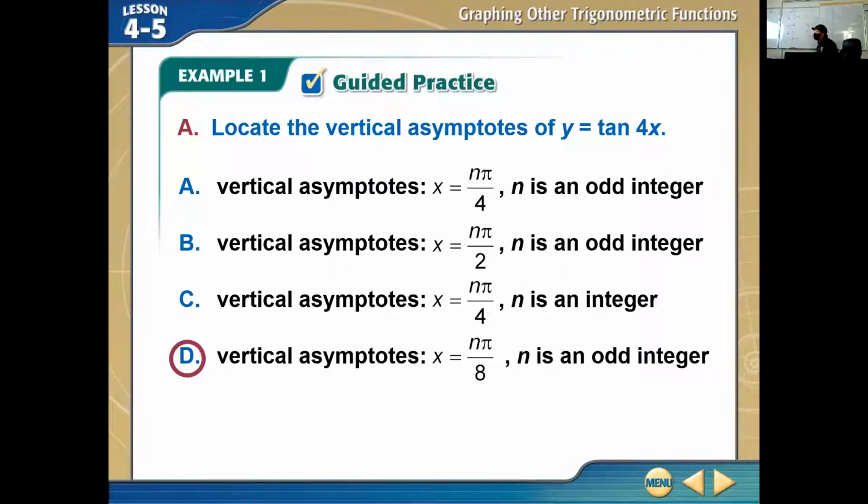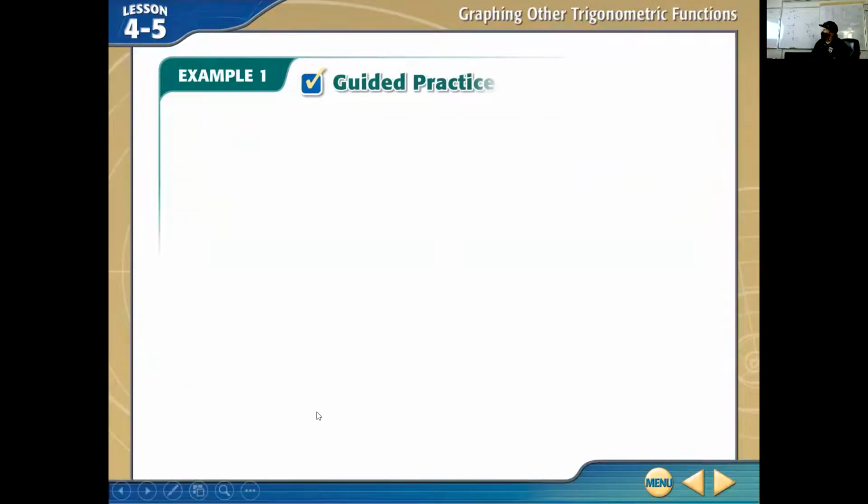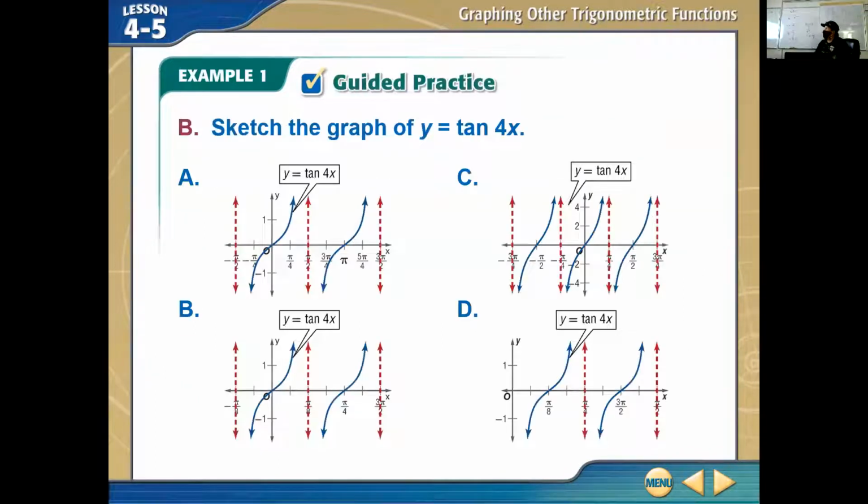So you can see tangent has quite a few similarities to sine and cosine, but it's not the most difficult thing. So sketching the graph of y equals tangent of 4x. So we've already found this. Okay, the only thing that I didn't do so far, I found my asymptotes, right? Because that was what the first question asked.